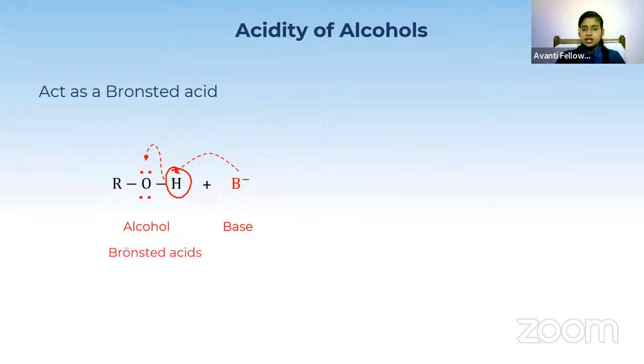So here, alcohol is losing the H plus. So it is a Bronsted acid here, and it will lead to the conjugate base RO minus and BH, which is the conjugate acid. Proton donors are called Bronsted acids, and alcohol is acting as a Bronsted acid here.